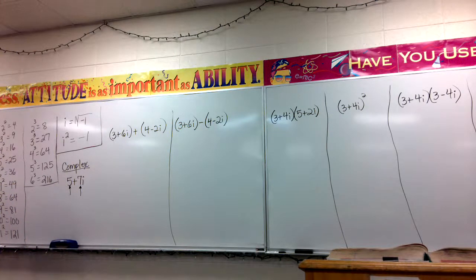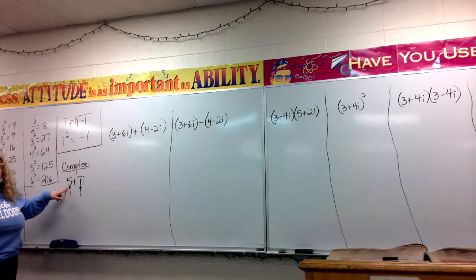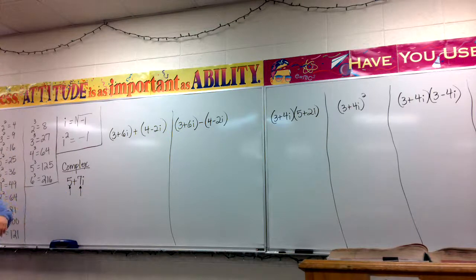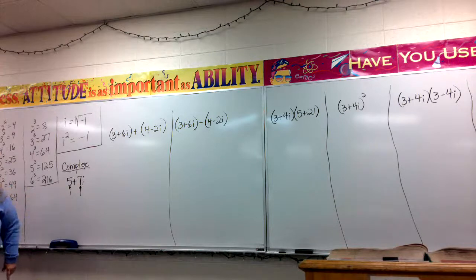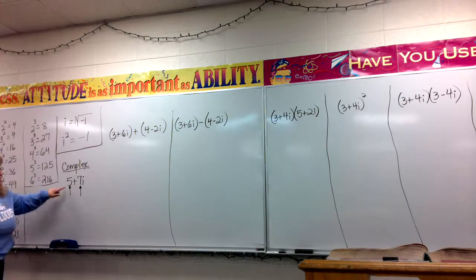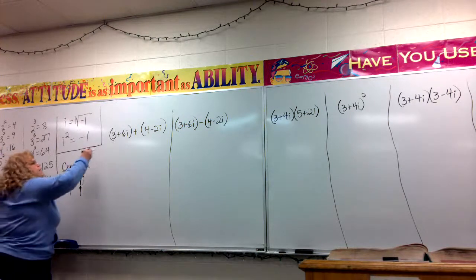One thing, when you write a complex number, we usually put the real part first and then the imaginary part. It's technically correct to put the real part and then the imaginary. If you happen to write this 7i plus 5, I would probably let it go. But technically, you're supposed to put the real part first, then the imaginary.